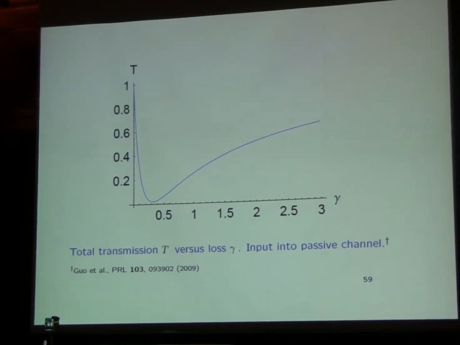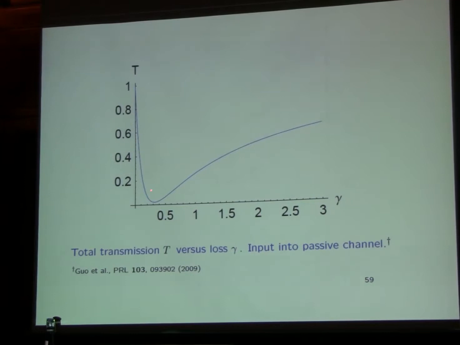But at a certain point, near the transition point, near the symmetry breaking point, actually it turns around and then goes up again. This is a very nice example of a physical effect that can happen from this breaking of the PT symmetry. Basically, what happens beyond that point is that although you've got a lot of loss in the lossy channel, the light never gets there.